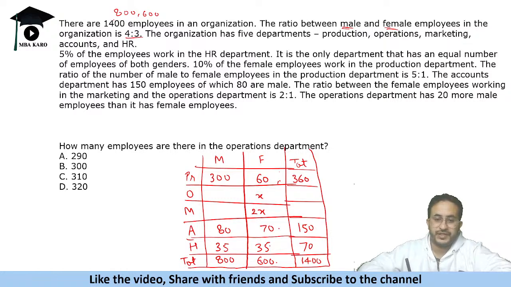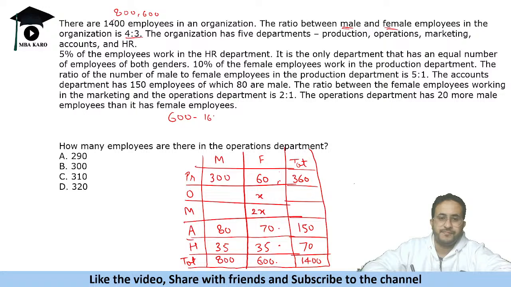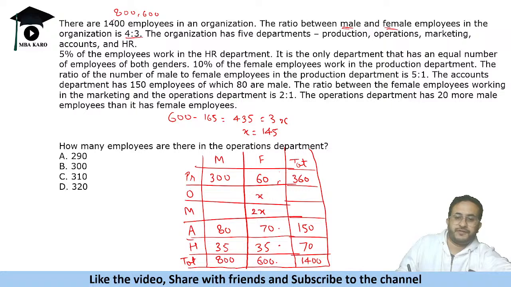This is 130, 165. It is 3x. So we'll get x is equal to 145. So this is 145 and this will be 290. Okay.